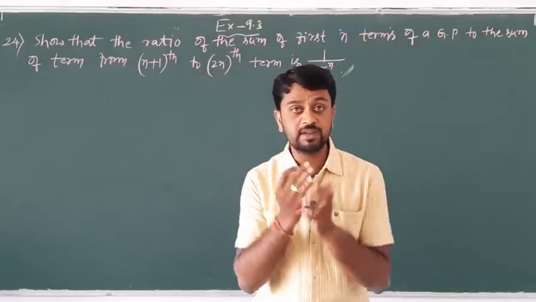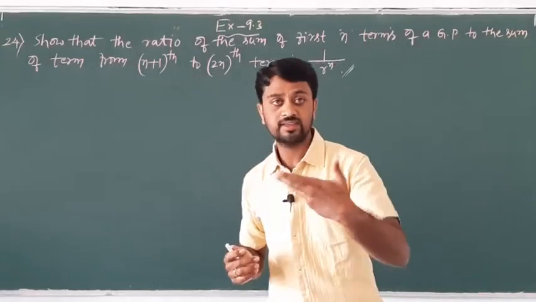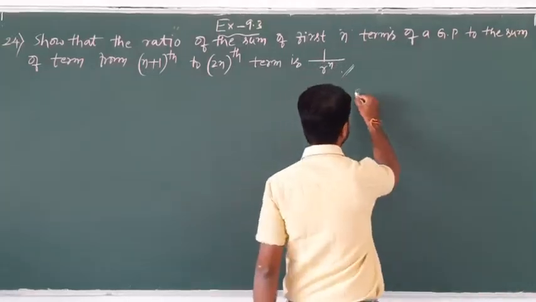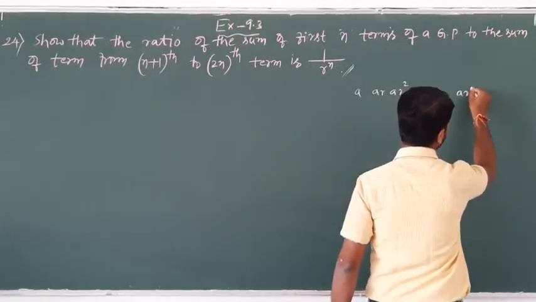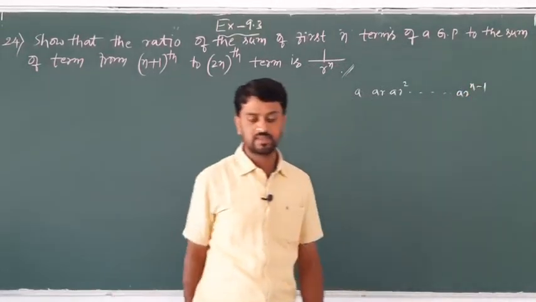The GP can be written as a, ar, ar square, up to so on, a into r power of n minus 1.